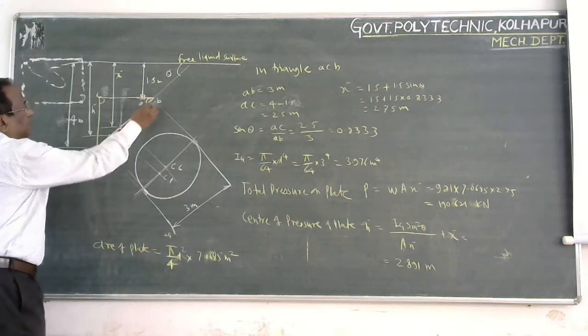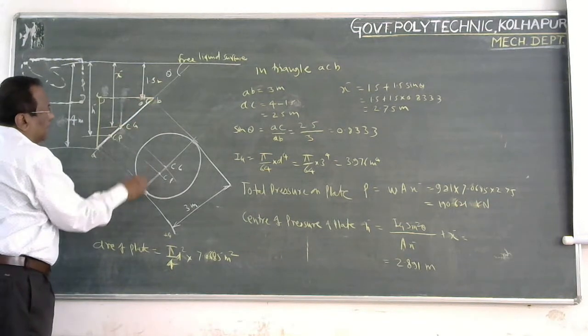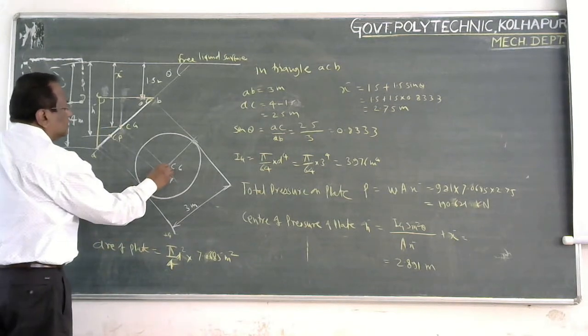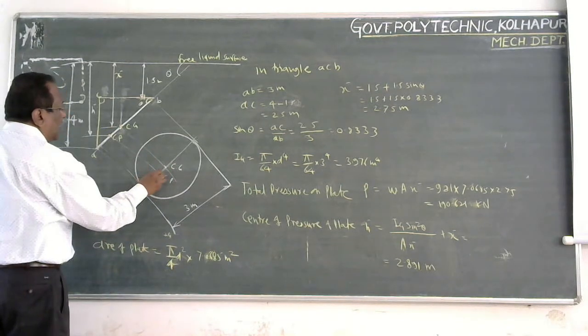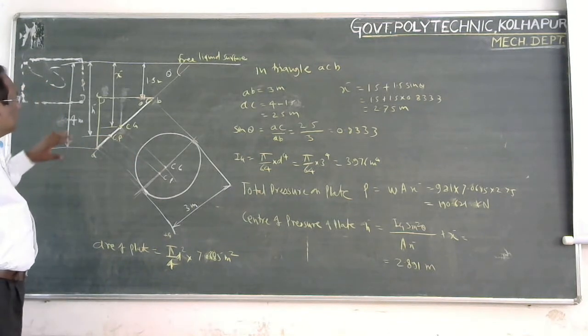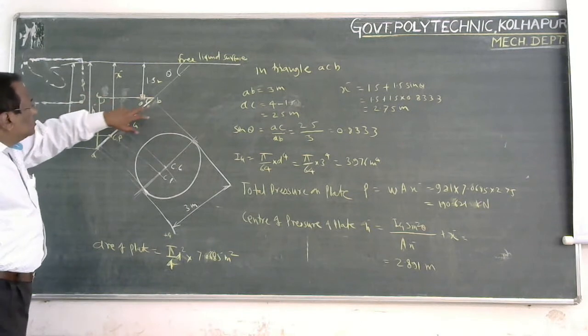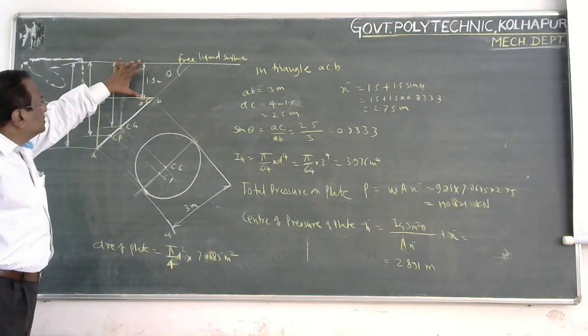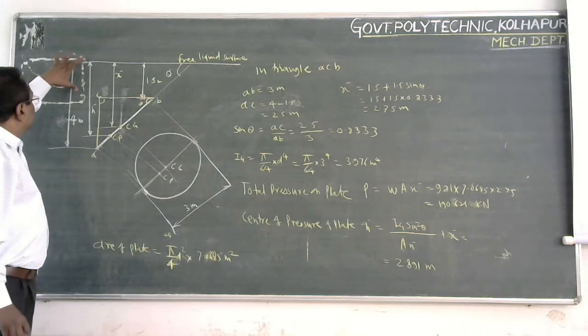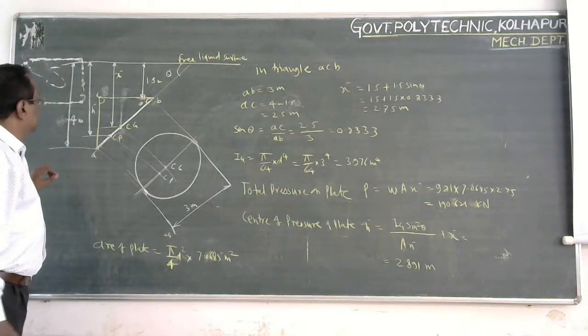Let A and B be the upper and lower edges of the circle. This is the CG of the circle and this is the center of pressure of the circle. The distance of point A from the free liquid surface is 1.5 meters. Distance of B from the free liquid surface is 4 meters.